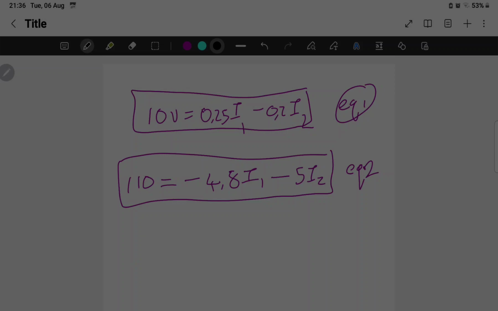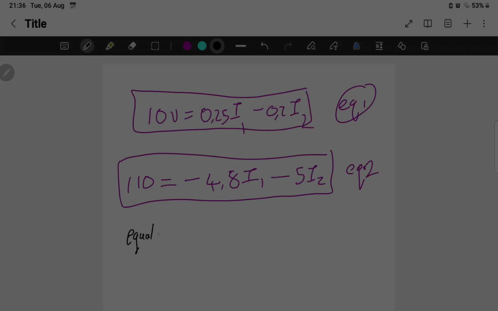What are we going to do? To solve this, pretty straightforward. We have to remove one of them. How do we remove one of them? So we take equation 1, so let's remove I1.